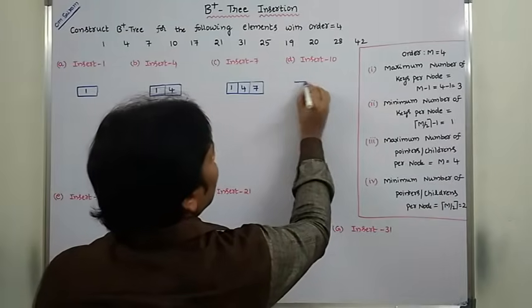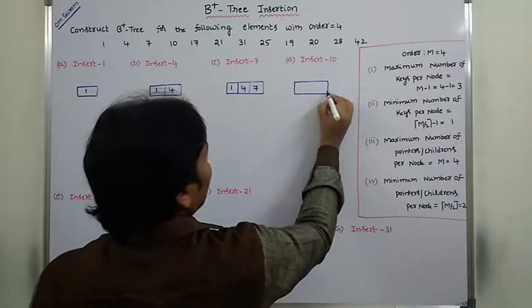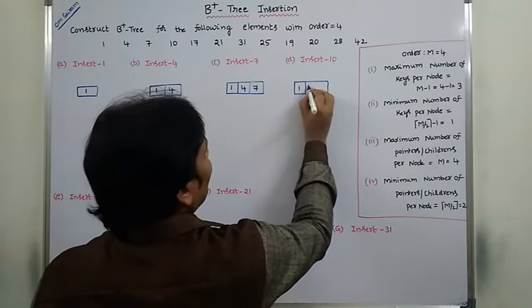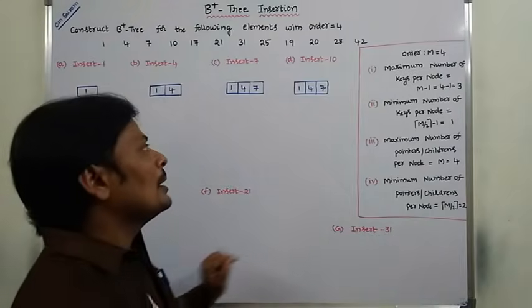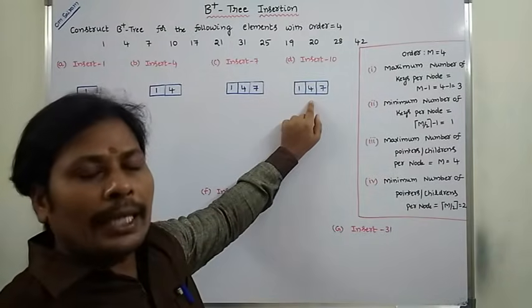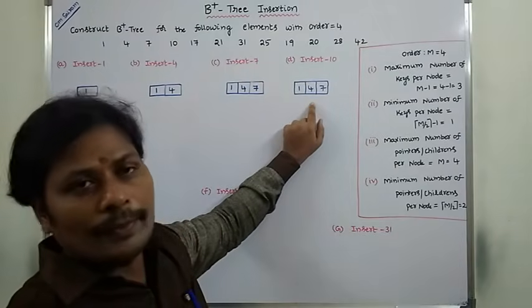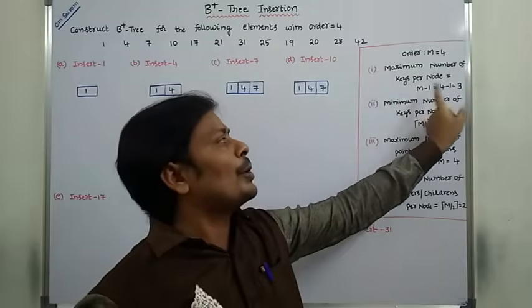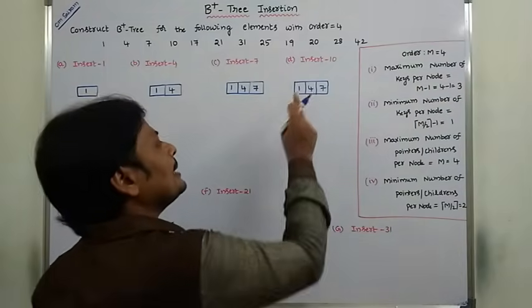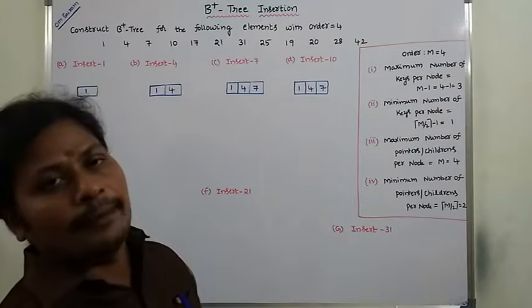Next element, insert 10. Before inserting 10, the node contains 3 key elements: 1, 4, 7. Is there a possibility of inserting 10 into the same node? No, because the maximum number of key elements per node is 3, and this node already contains 3 key elements, 1, 4, 7.